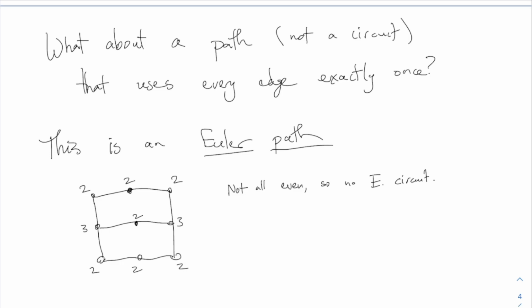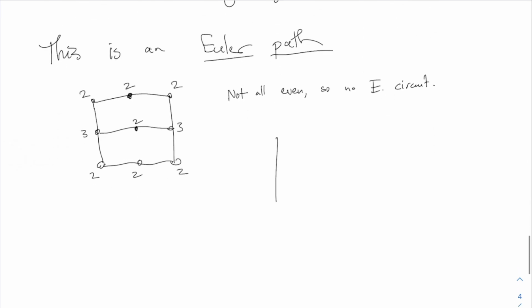Check it out. I'll just draw it again over here. If I start here, I can go up, across like that, down here, across the middle, down there, over there, and up there, and finish.